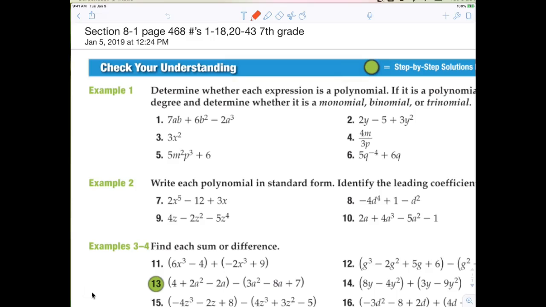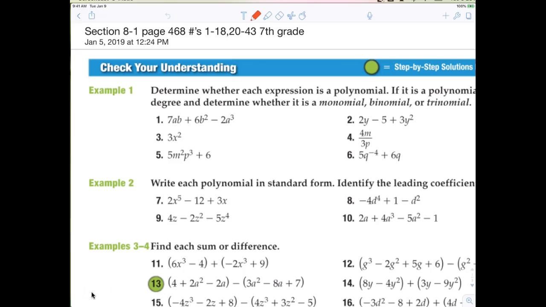The second term has degree 2, and the third term has degree 3. The degree is always the largest of the terms, so the degree for number one is 3. Pretty easy.